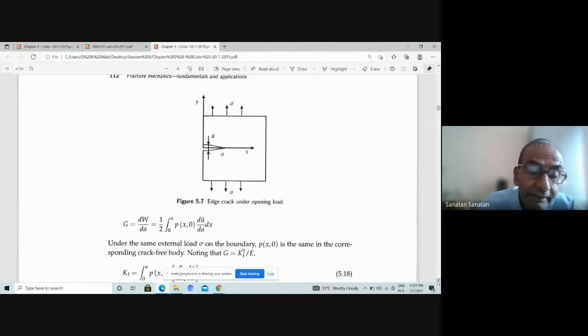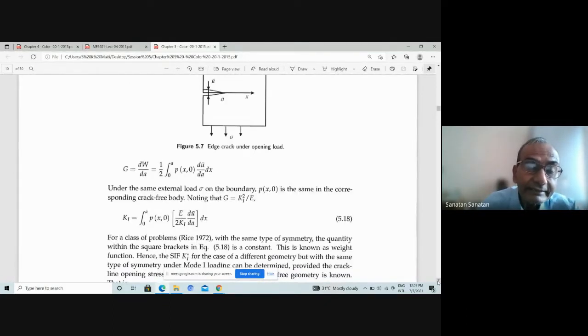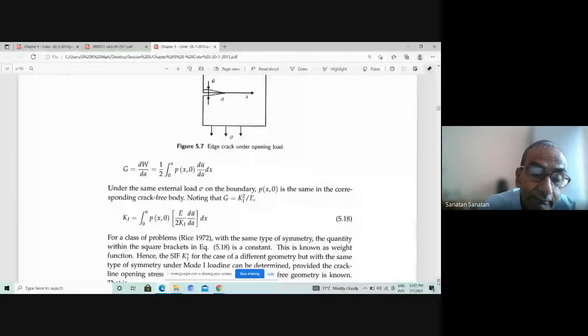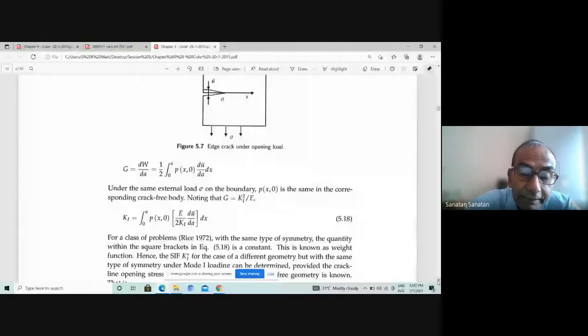And indeed, as I said, G equal to K1 square by E has been converted into the form where it is the integral from 0 to a of the stresses or loading on the x-axis, times this function E by 2K1 du bar dA. Now, you know that this one term E by 2K1 du bar dA is a property, a constant for the class of problem which are loaded in this form.